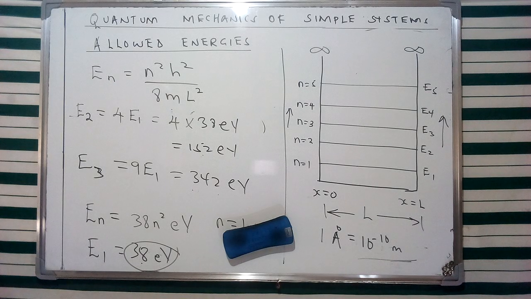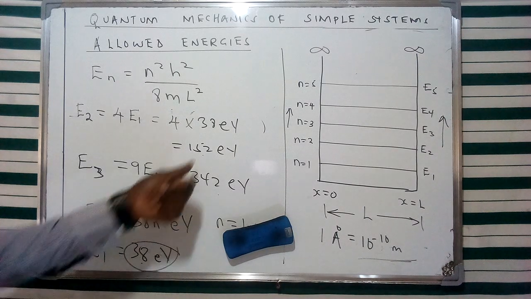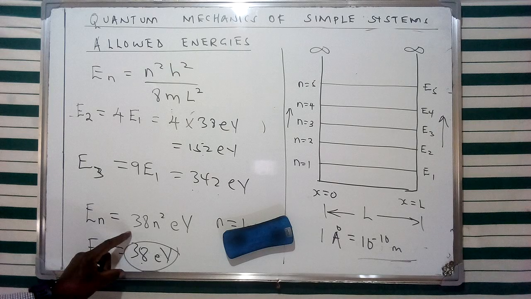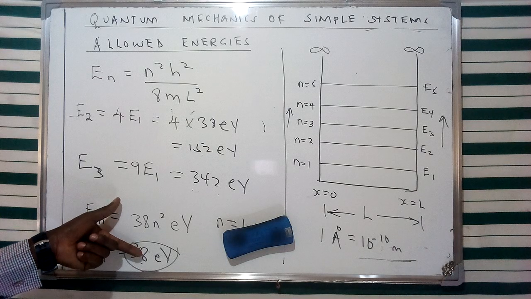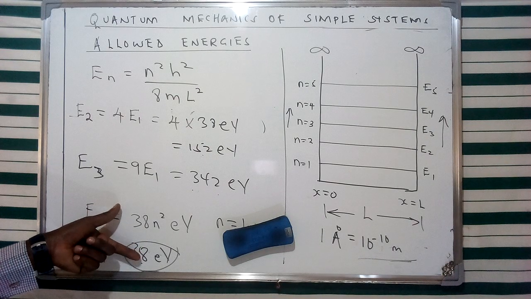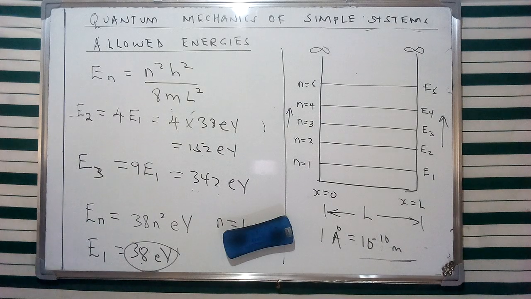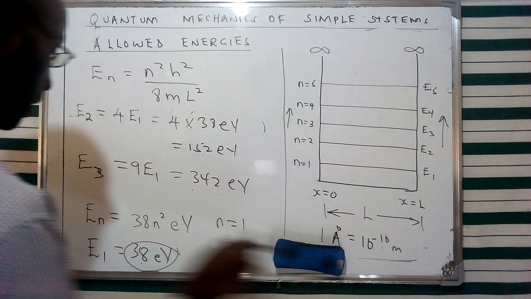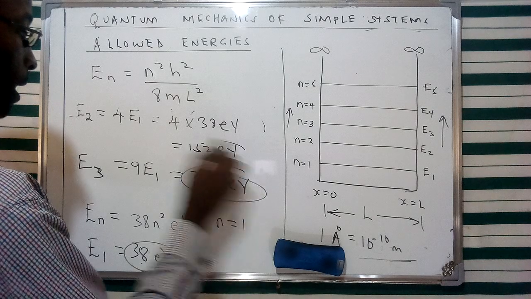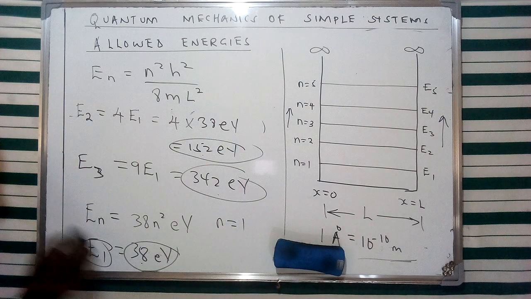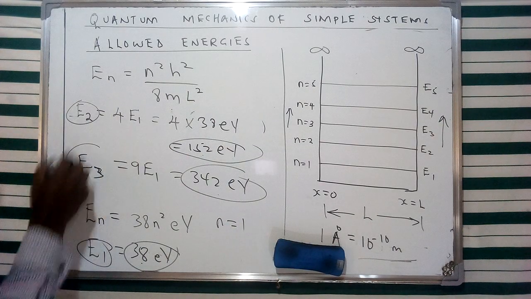So if you consider the range between E1, 38, 152, and 342, this appears to be ascending with a very wide difference. But if we consider this at the microscopic level, the dimension is very small, and these energies appear much closer than the magnitudes suggest for E1, E2, and E3.